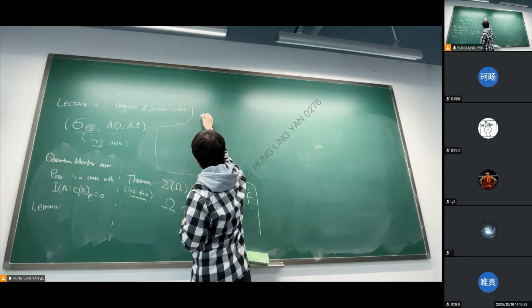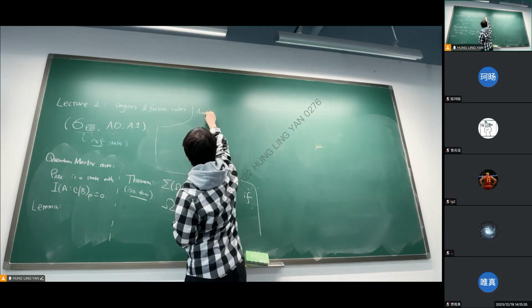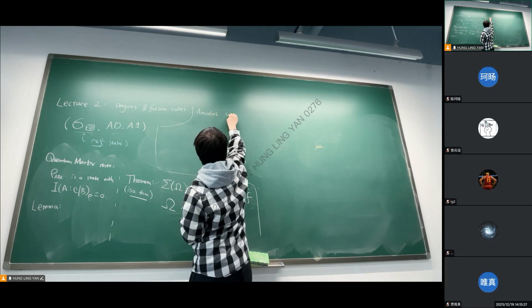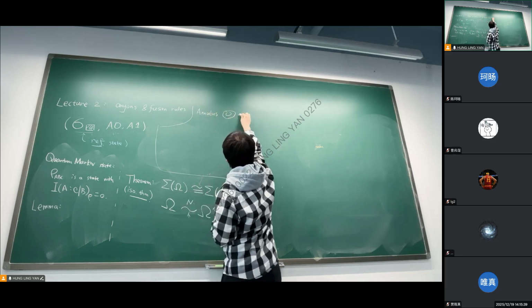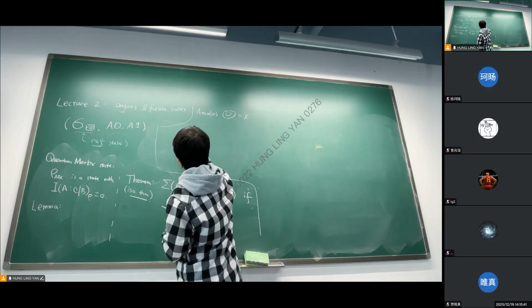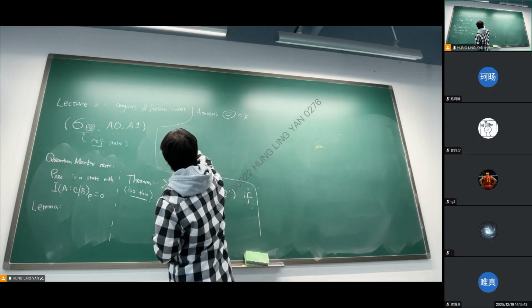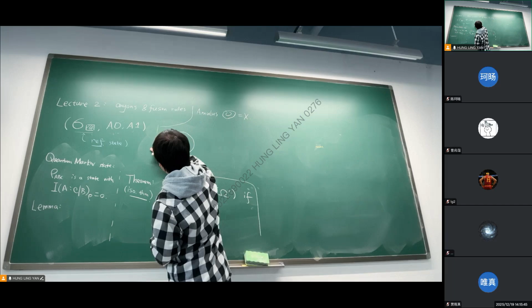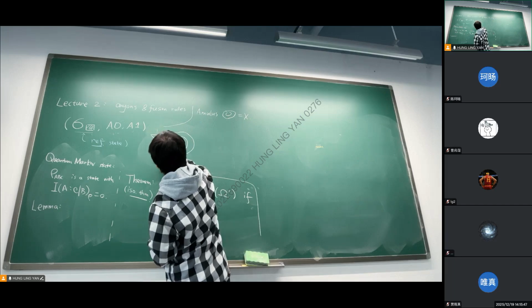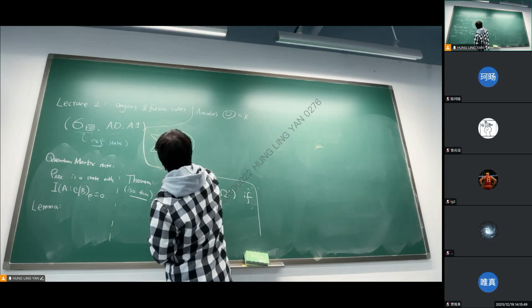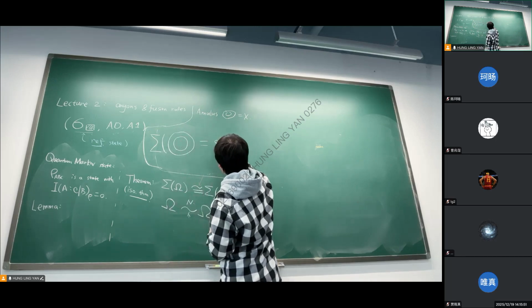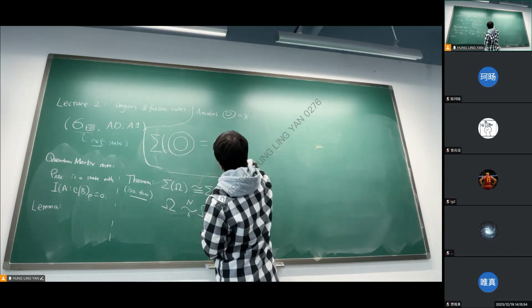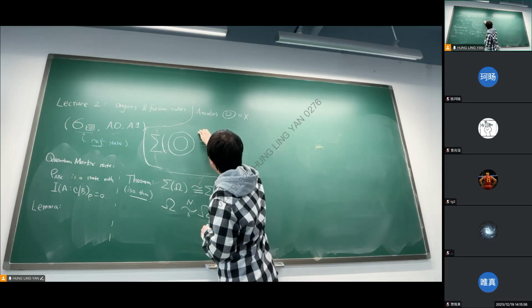Okay, let me talk about the annulus. I'll call it X. So for the annulus, the information convex set is a simplex. Yeah, that's a theorem.